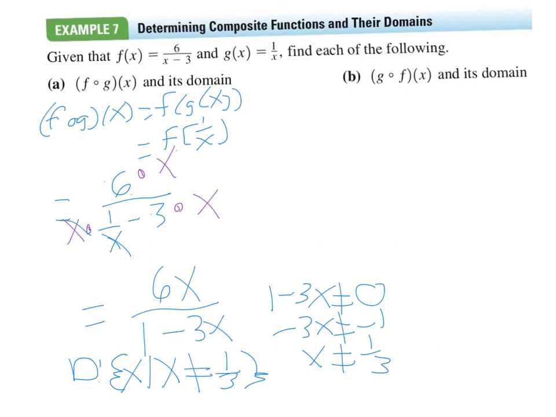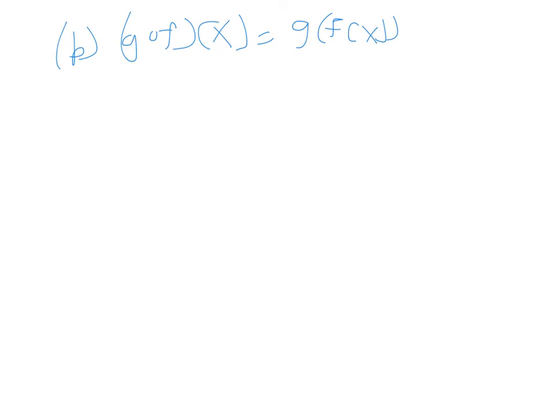So now let's figure out part B, g of f of x. Remember, that's equivalent to g of f of x. So that means everywhere there's an x in g, you just plug in the function f, which I believe was 6 over x minus 3.